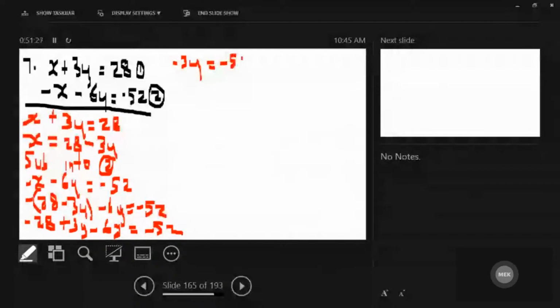Bring over the negative 28, it's going to be a positive 28. So negative 52 plus 28, that's negative 24.